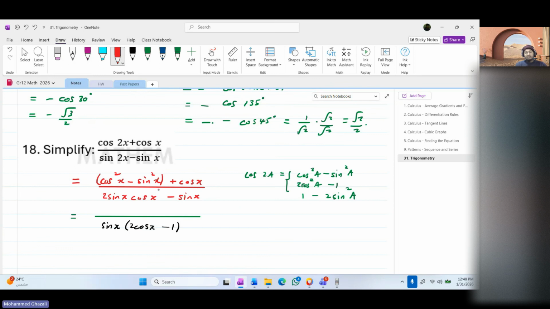How should we simplify this? We can write it out as a quadratic, which is cos squared x, with minus sine squared x at the end and plus cos x in the center. Will this work? Factoring this out, will that work?